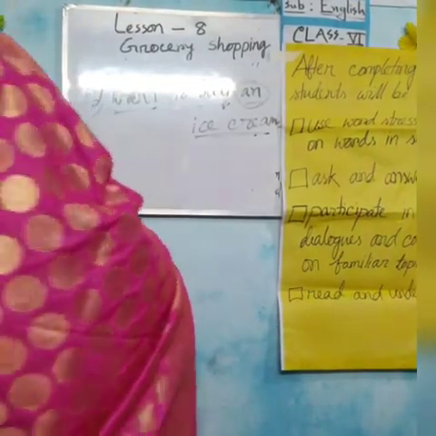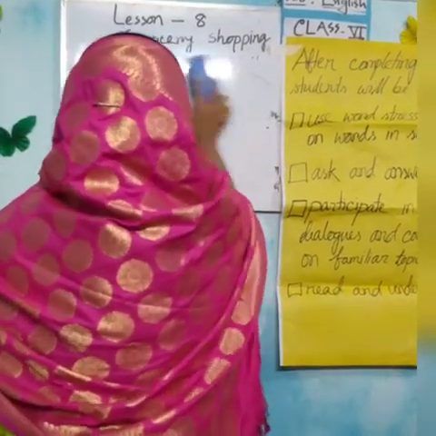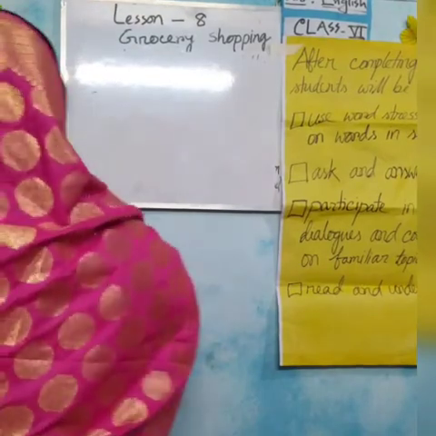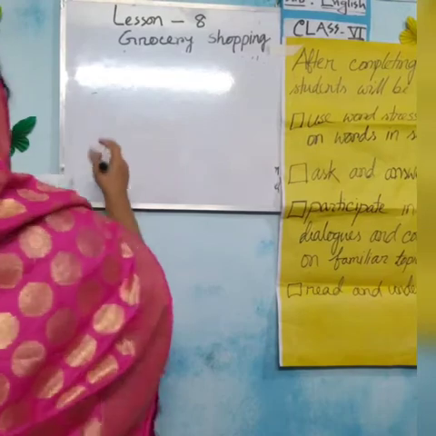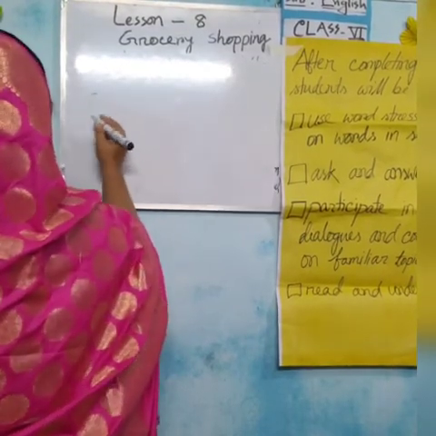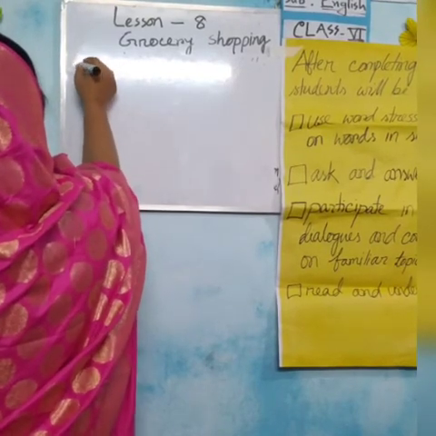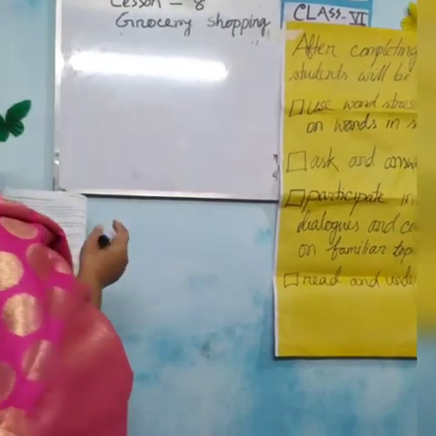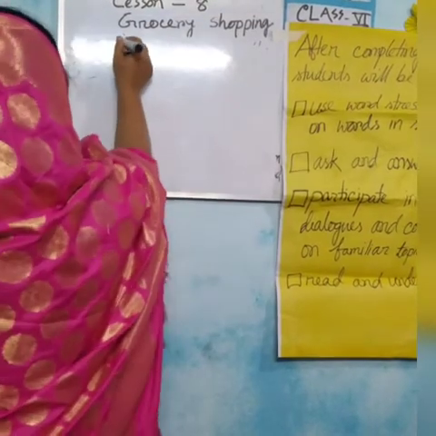Here for the girl we can write the letter G, and for the salesman we can write the letter S, as I do not have enough space. The dialogue begins with the sentence, excuse me.